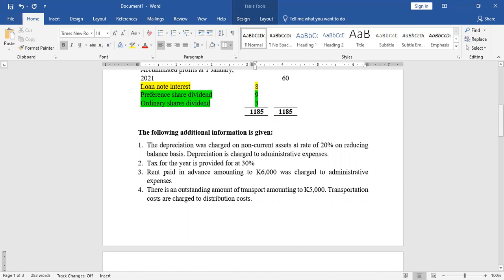So it has nothing to do with cost of sales. The second note is talking about tax. It has nothing to do with the cost of goods sold. Rent paid in advance was charged to administrative cost. Sometimes the examiner would indicate that depreciation will be charged to cost of sales, meaning you need to add it to cost of sales.